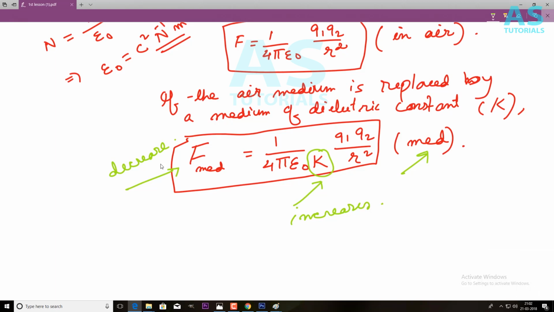So now you can make the conclusion that the force between the two charges is always greater in air than in a medium. Because in the case of air, the value of K is 1. So when the value of K is less, then the force becomes greater. On the other hand, when the value of K increases, the magnitude of the force decreases.